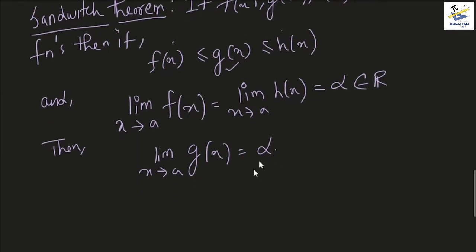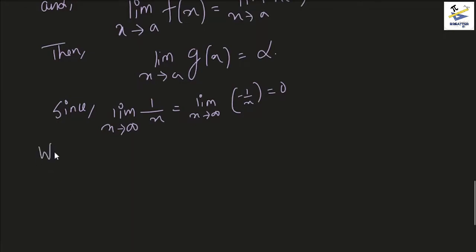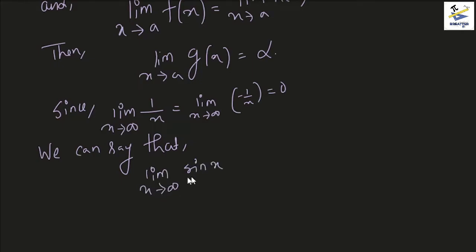So using this we can see that since the limits are equal to 0, we can say that limit x tends to infinity sin x upon x must also be 0, since -1 by x is less than or equal to sin x by x less than or equal to 1 by x.